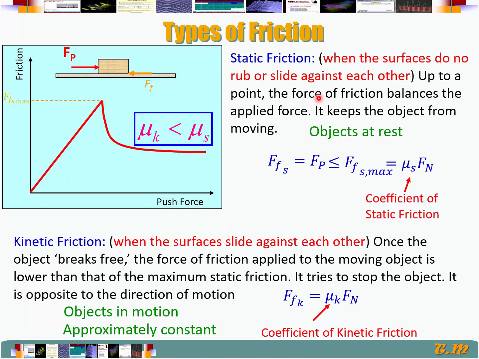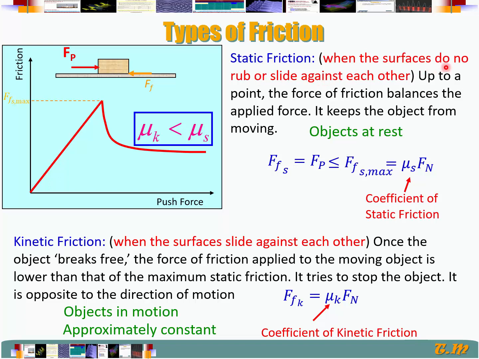We talk of two types of friction: static friction and kinetic friction. Static friction is when the surfaces do not rub or slide against each other. Static means no motion.